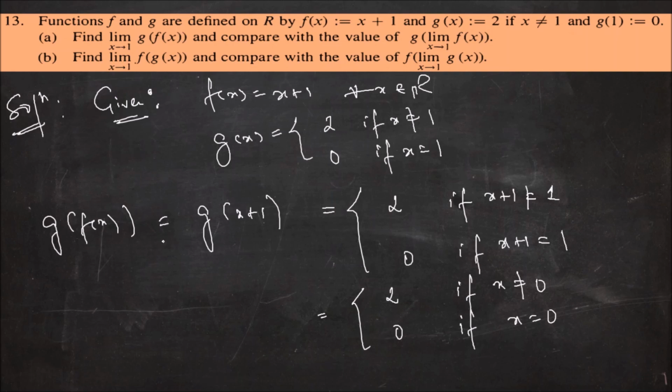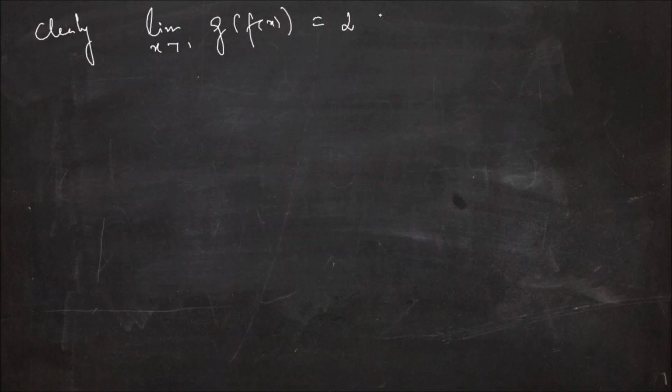So this is how g(f(x)) is defined. Clearly, the limit as x tends to 1 of g(f(x)) is equal to 2.